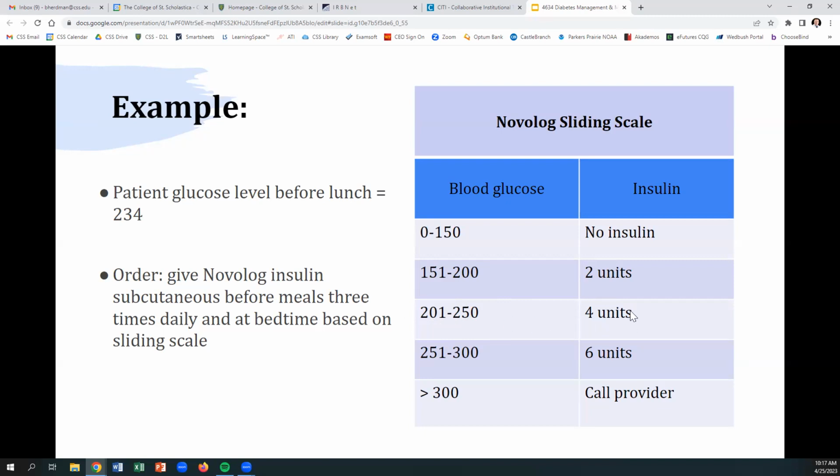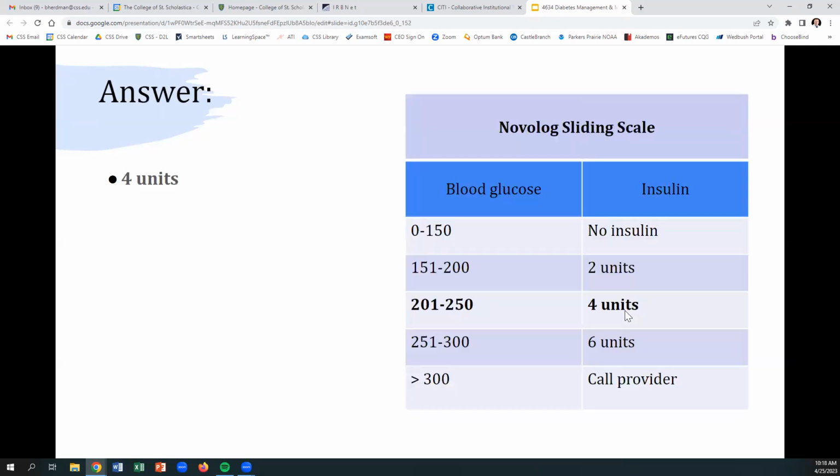The patient needs 4 units of this insulin. There we go, 4 units of insulin. And that same principle applies to any sliding scale that you will have been given.